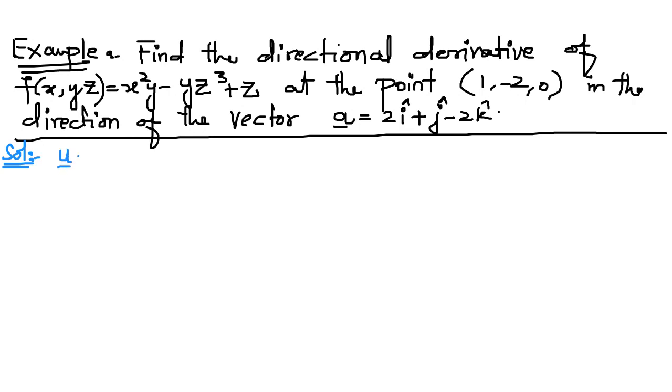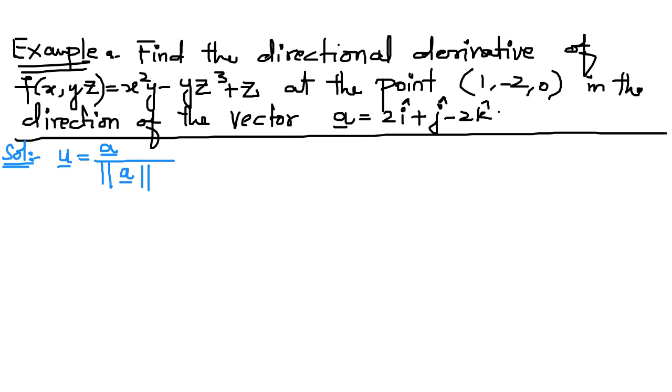Okay, this is also somehow some part. Unit vector is equal to a vector divided by its magnitude. You remember this one? A unit vector is equal to a vector divided by its magnitude.